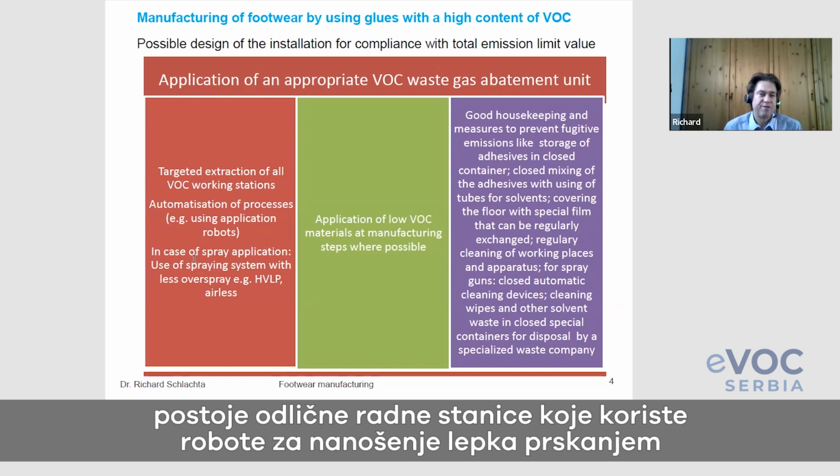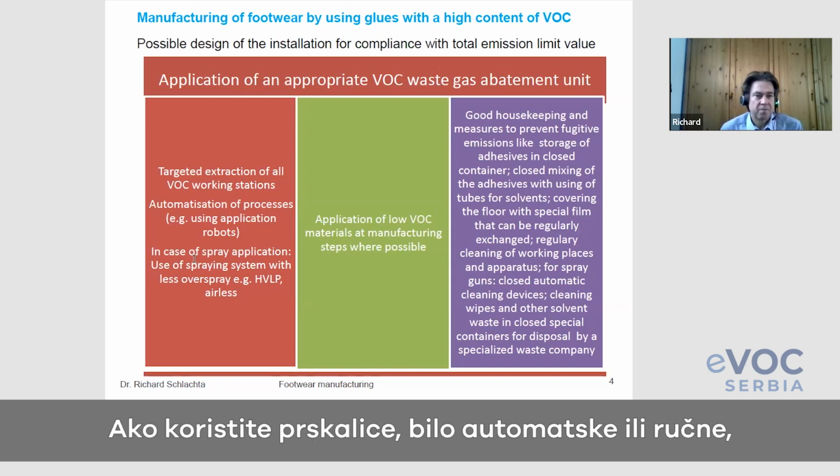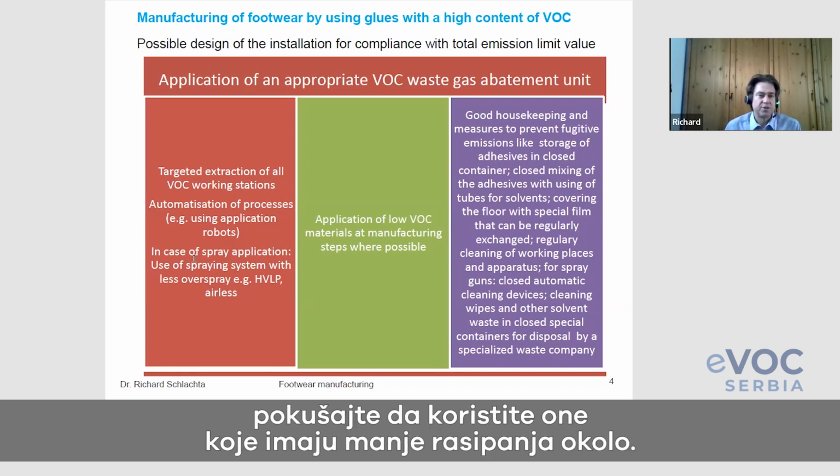There are very nice working stands that use robots for the spray application of glues, meanwhile in shoe manufacturing installations. And if you use spray application, manual or automatic, doesn't matter, then try to use application systems with less overspray.